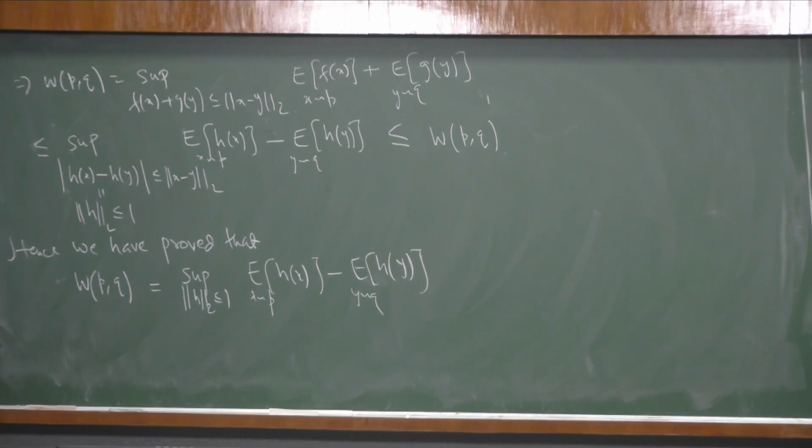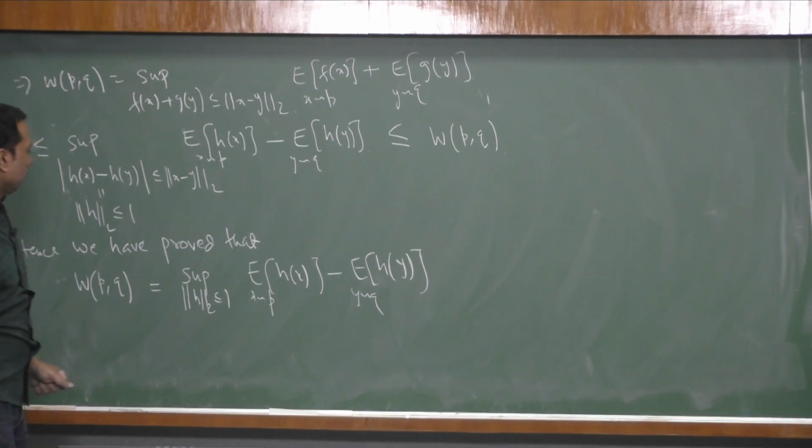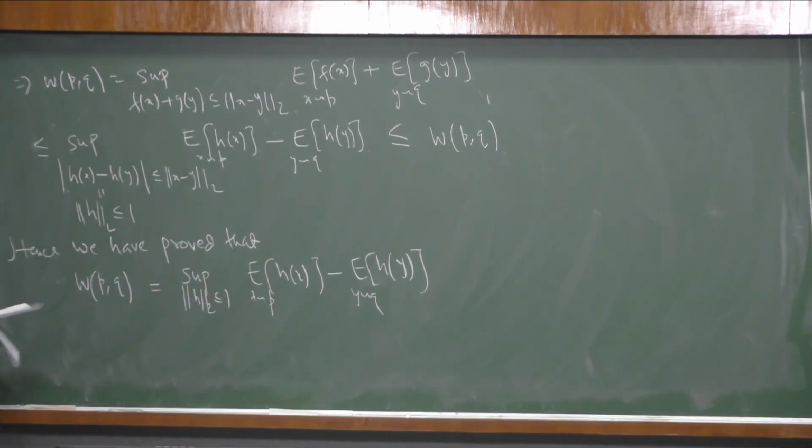Okay, so this is the result that says that the Wasserstein distance, which initially was an infimum over the joint distributions and so on, reduces to supremizing over one Lipschitz functions and calculating the distance, and obviously this x follows p and y follows q.